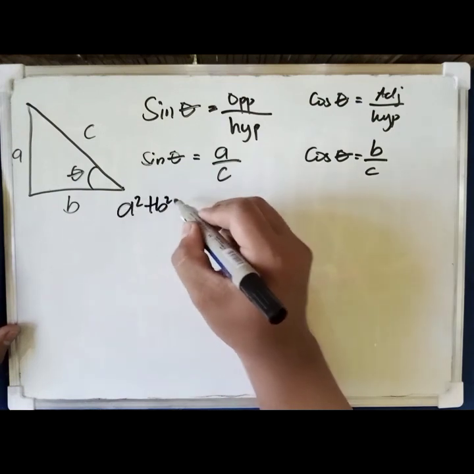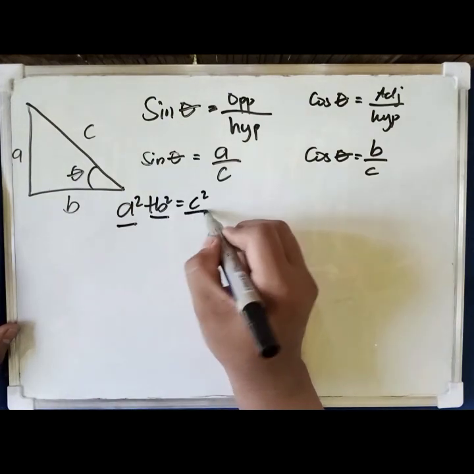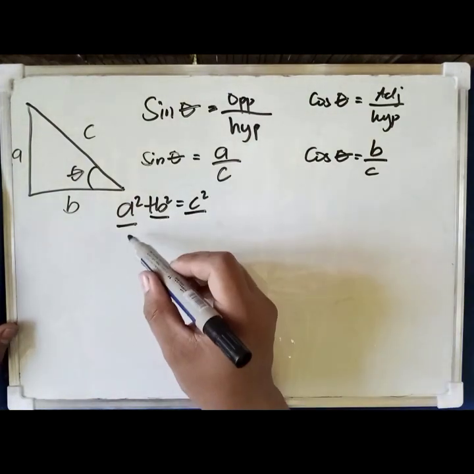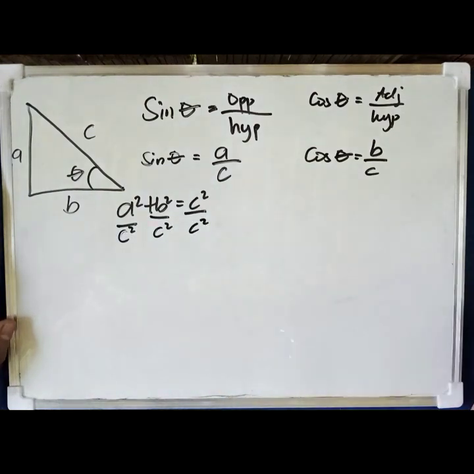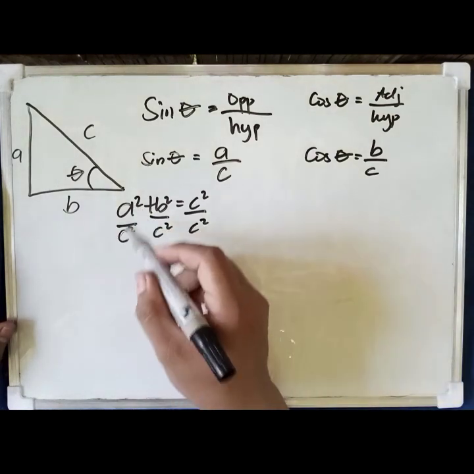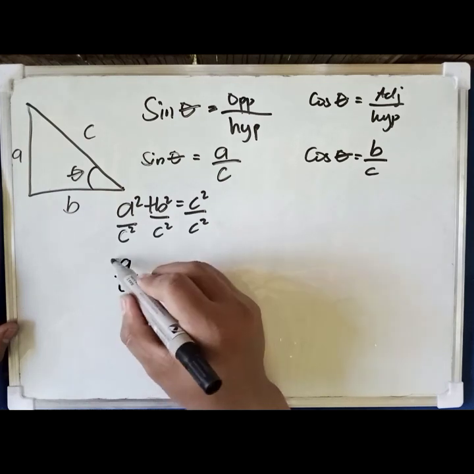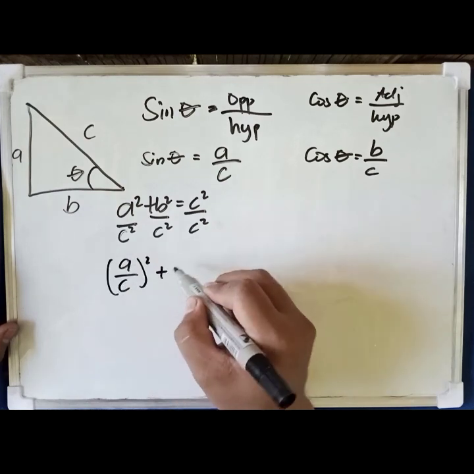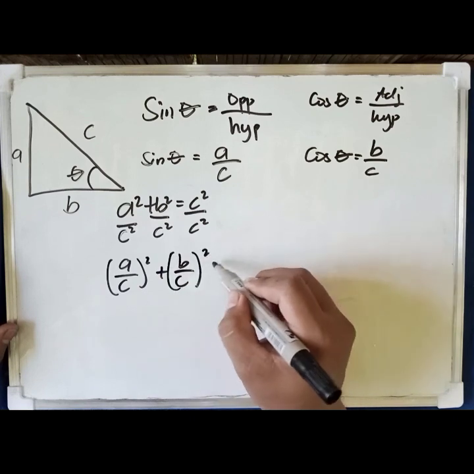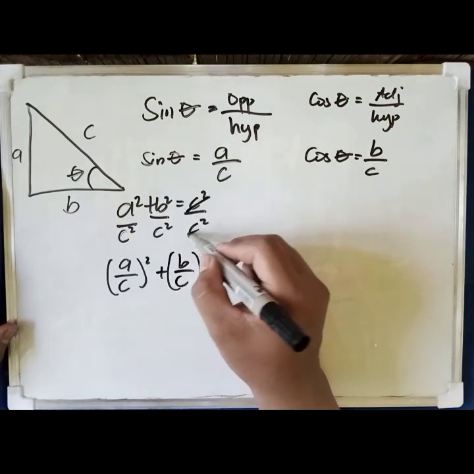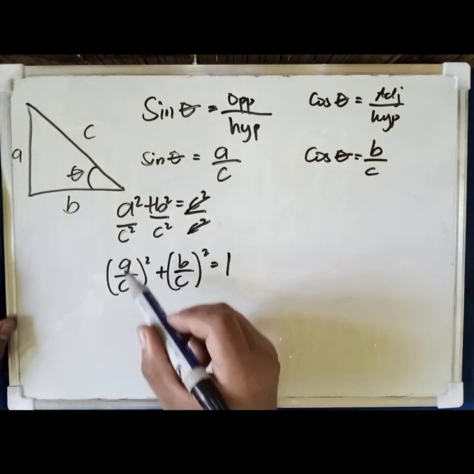And let us recall the Pythagorean theorem: a squared plus b squared is equal to c squared, and divide each term by c squared. And then rewrite the terms with their exponent. So c squared over c squared is just equal to 1.